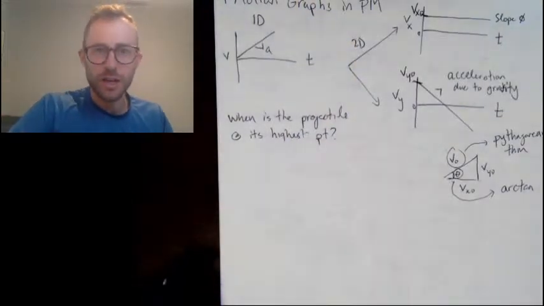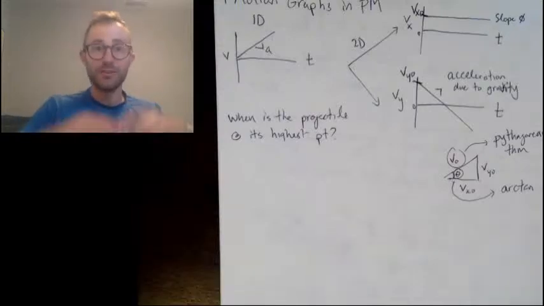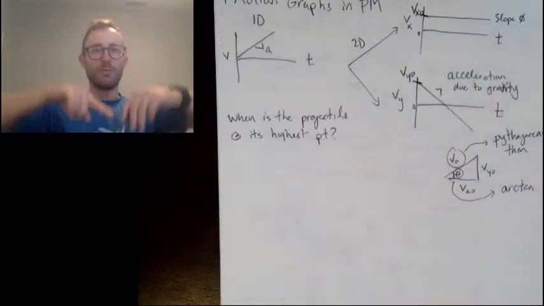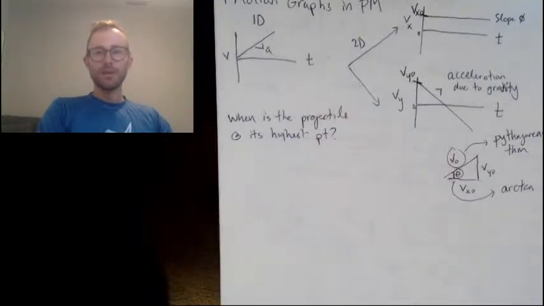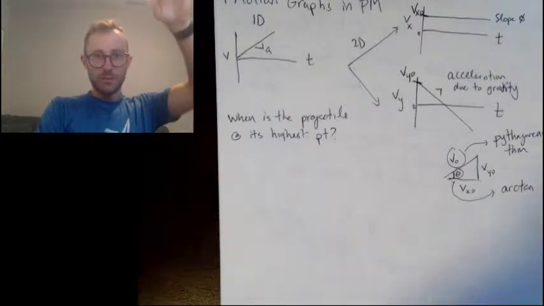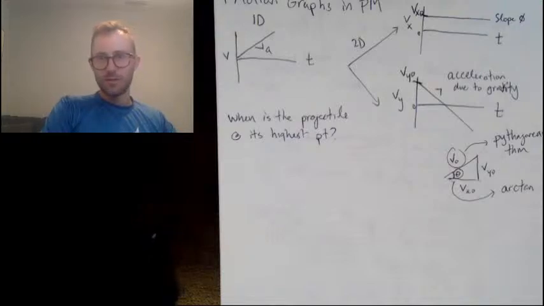Type it into the live chat if you remember in the geyser problem. How did we know that the stream of water that came out of Old Faithful had reached its apex? We had a certain mathematical condition. I'll wait for someone to type it in.